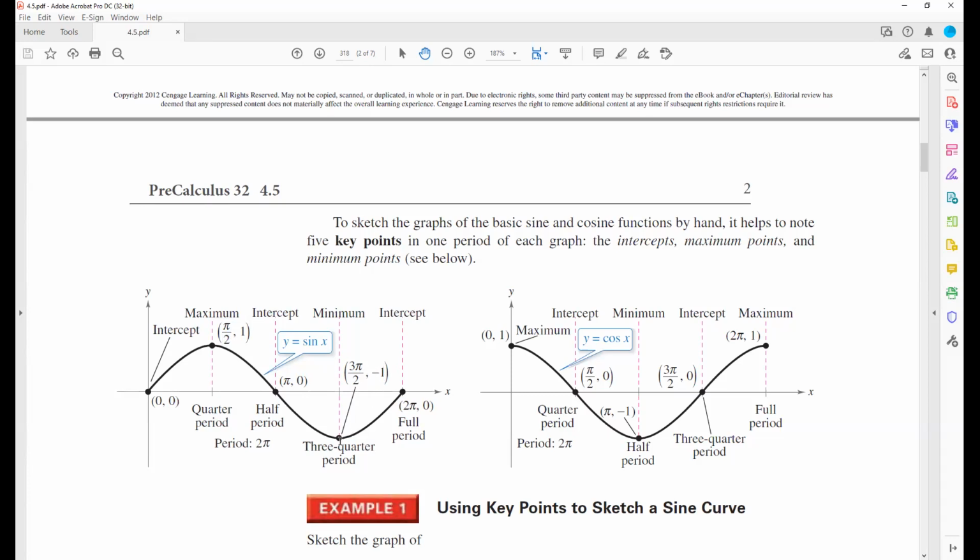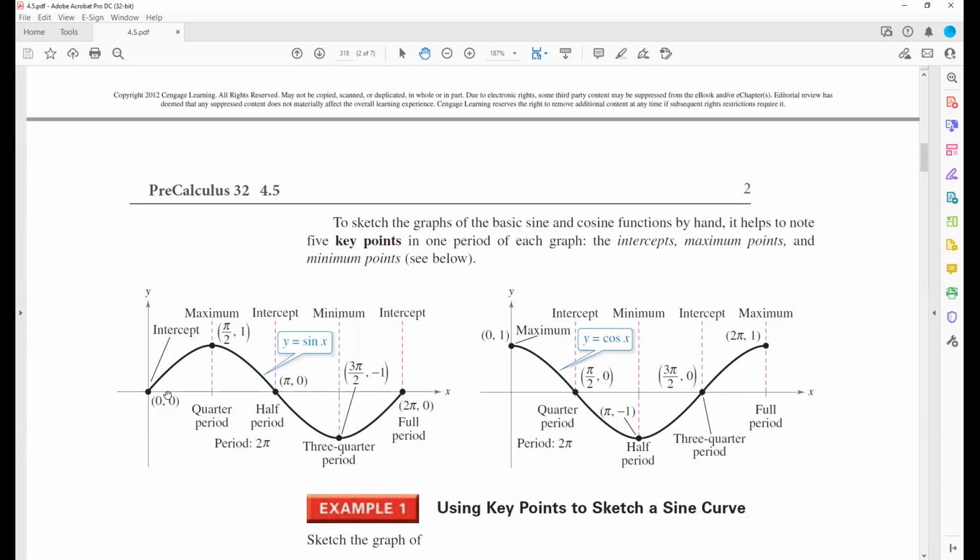Well, the graph starts increasing and it hits the x-axis at 2 pi. So sine of 2 pi, we all know, is equal to 0. This is a full period, a full cycle for your sine function.